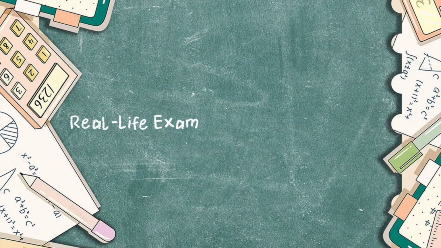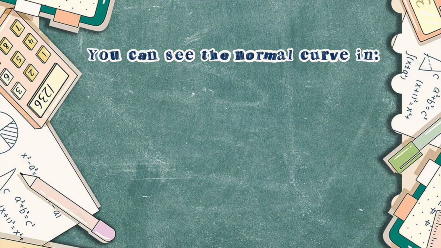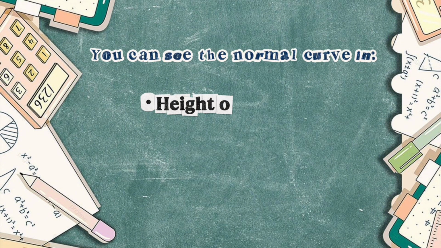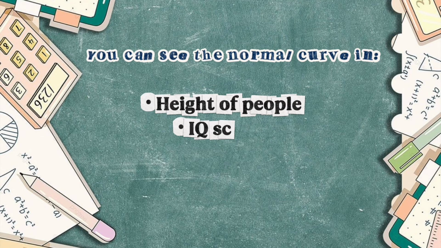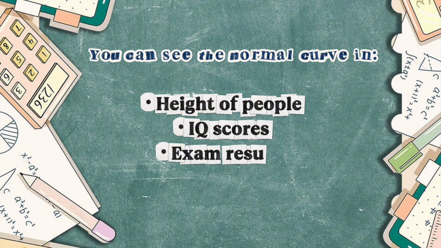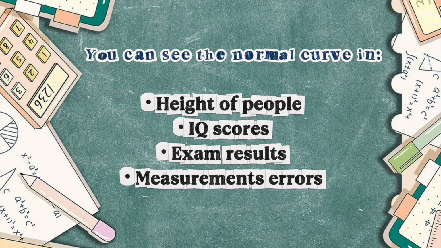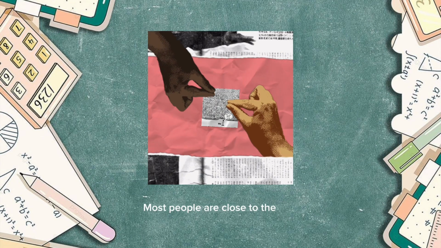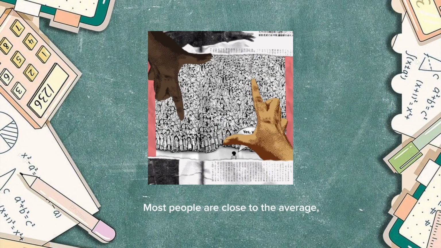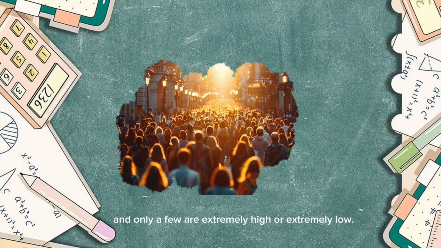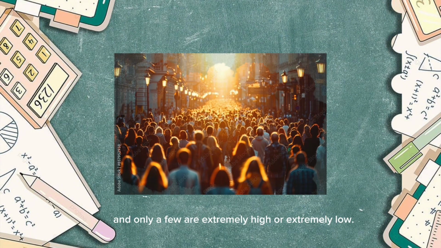Here are real-life examples of a normal curve. You can see the normal curve in the height of people, IQ scores, exam results, and last, measurement errors. Most people are close to the average, and only a few are extremely high or extremely low.